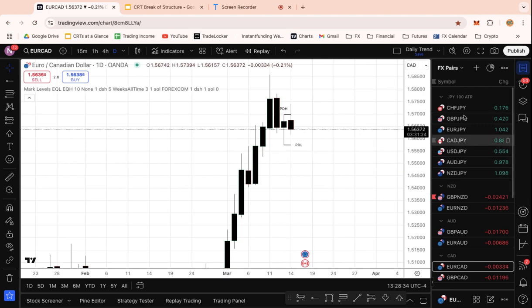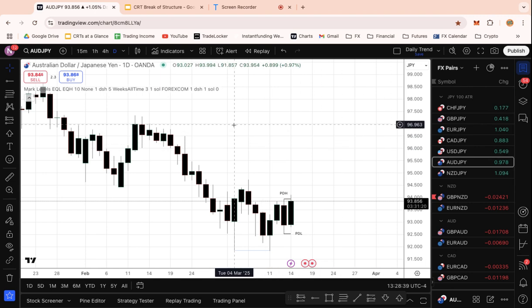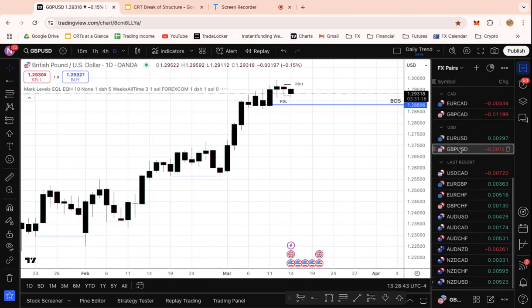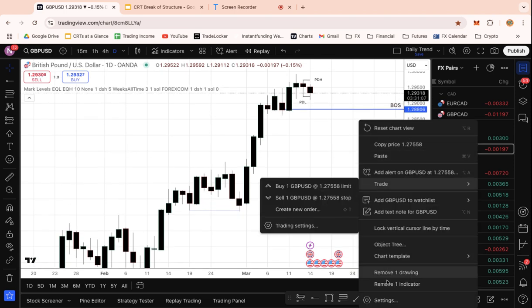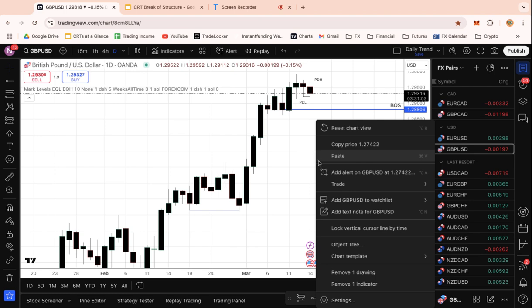Let me do a higher ATR pair though. Actually, let me see if I can find a long example. I need to make sure it'll allow me to see the 15-minute.